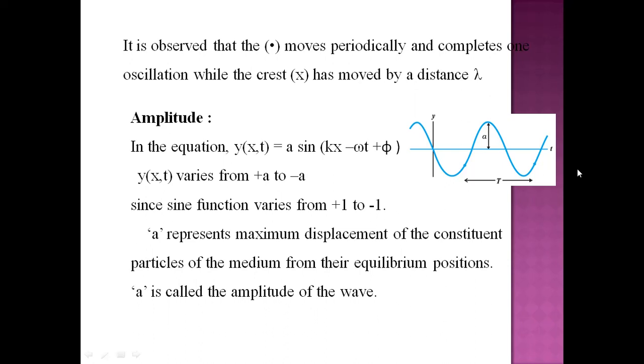So in the equation y(x,t) equal to A sin(kx minus omega t plus phi), A represents the amplitude of the wave, and the displacement can vary from plus A to minus A when the sine function takes values from plus 1 to minus 1. So A represents the maximum displacement of the constituent particles of the medium from their equilibrium positions. It is called the amplitude of the wave.